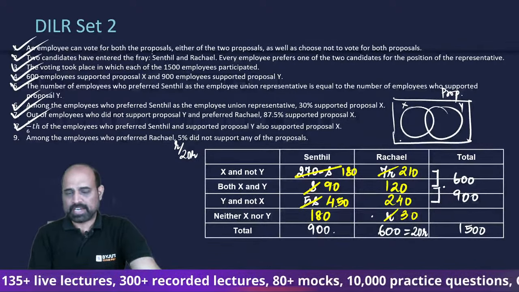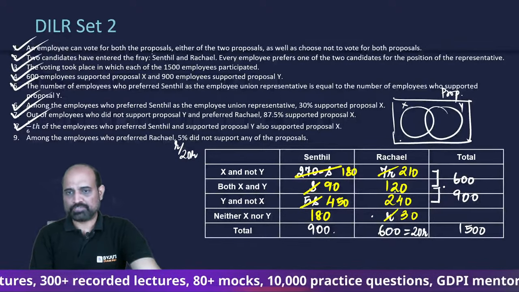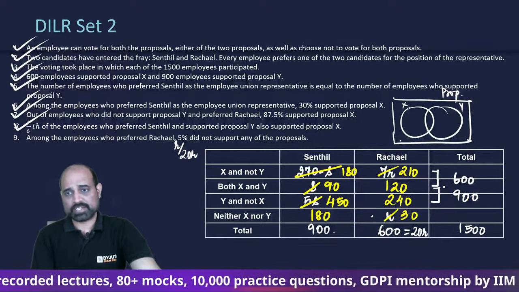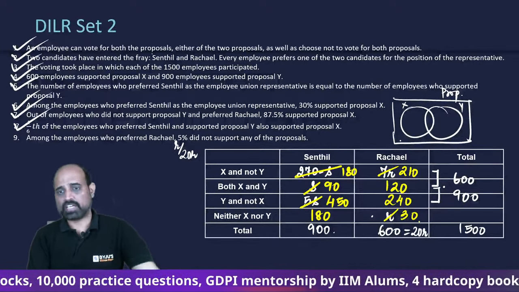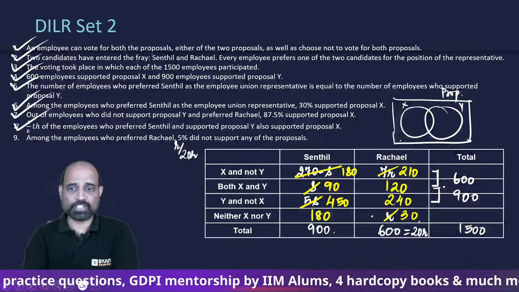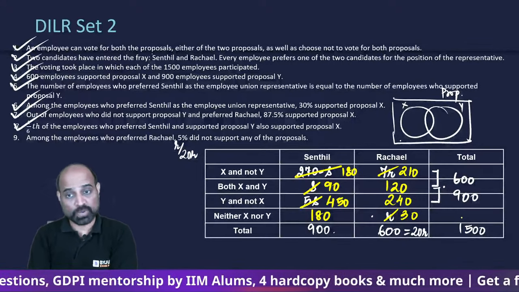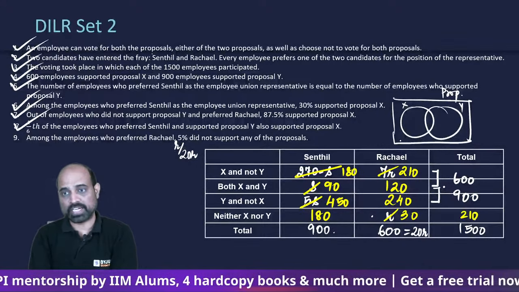Okay. 90 plus 450 is 540. 540 plus 60 is 600 plus 300 is 900. 900 you already calculated, 600 already calculated. So everything makes sense. Neither X nor Y, this will turn out to be 210 as well.